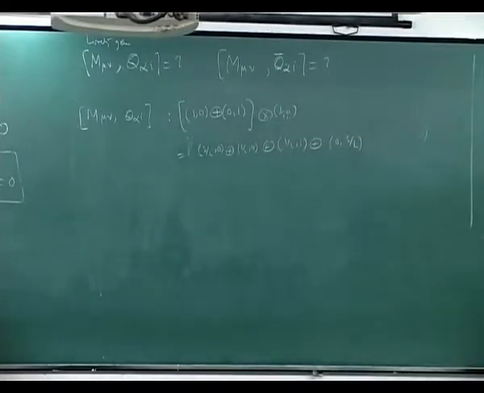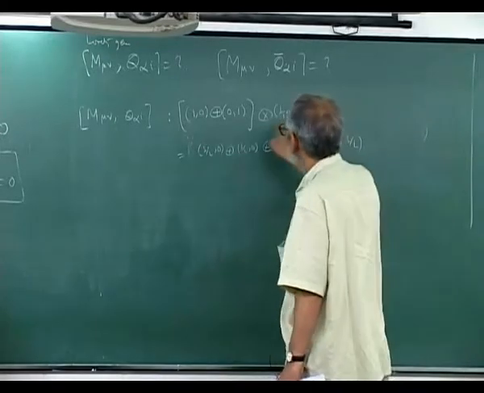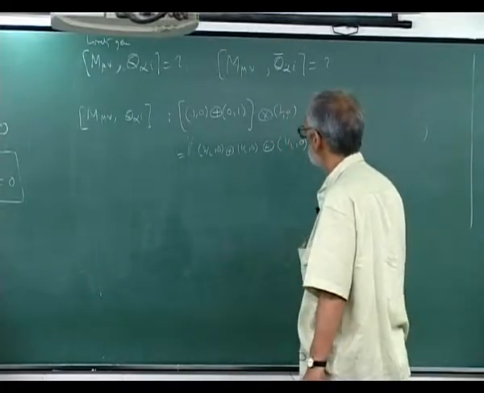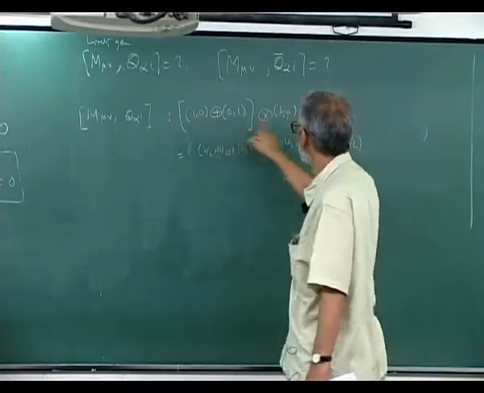Did I do everything right? Something is not right. Something is not right. This times this is half this, right? Half 0 0.